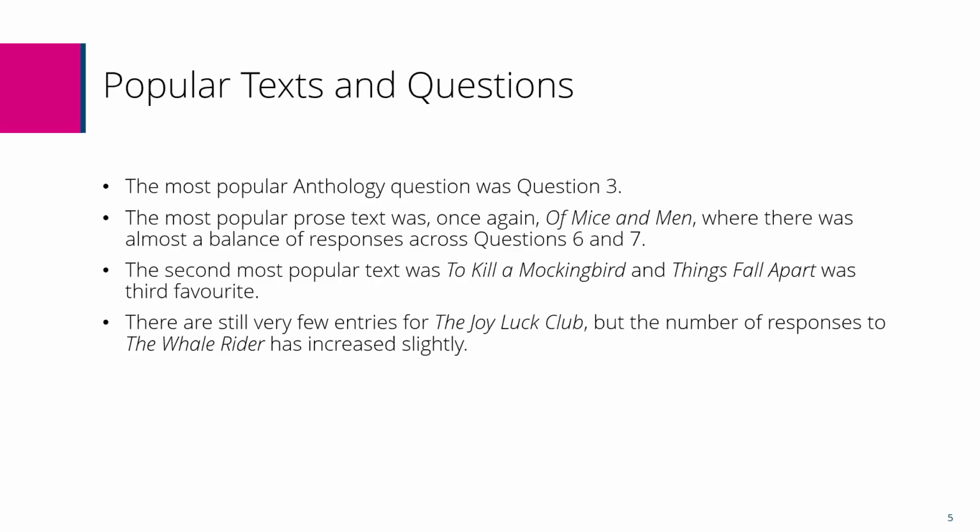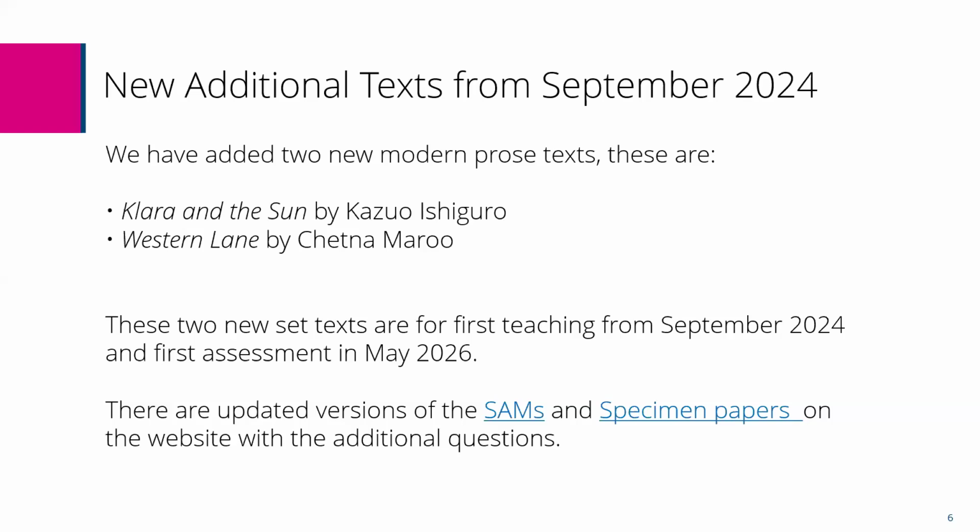Just a reminder, in case you didn't know this, there are 2 more prose texts being added. These will be for first assessment in May 2026, so they're for first teaching this September. The sample assessment materials and the specimen papers have been updated. There are links on this slide, that's in SO1 of your pack.